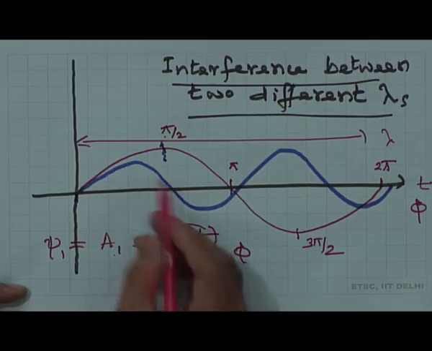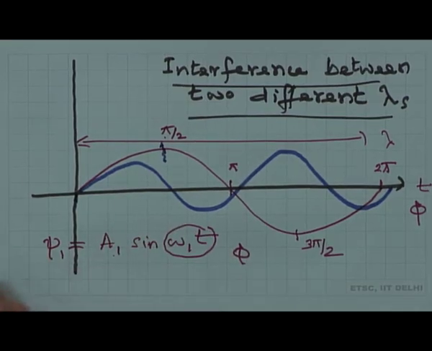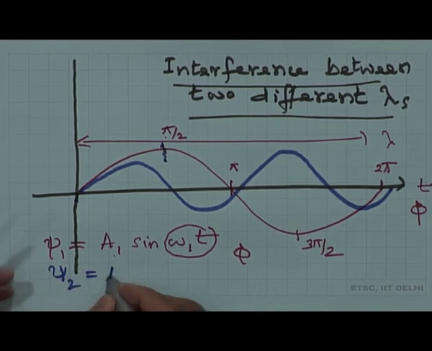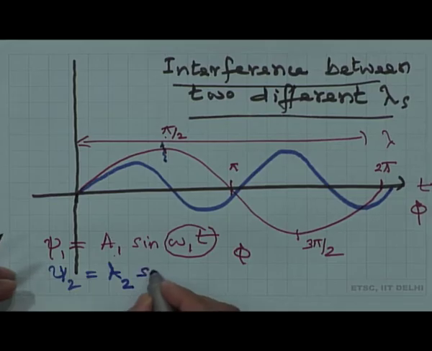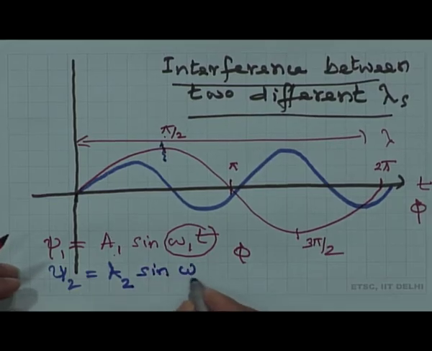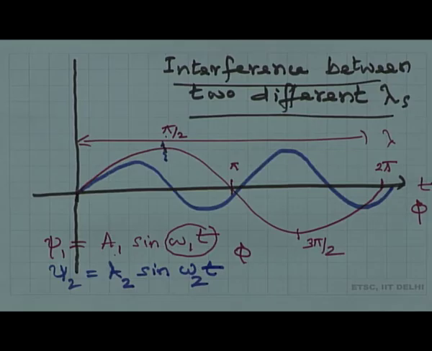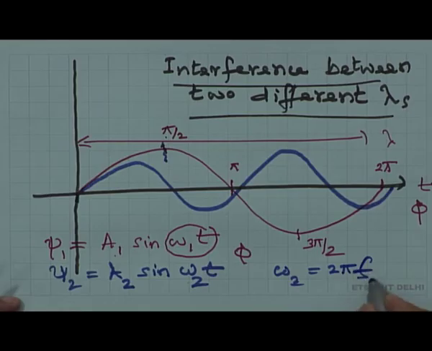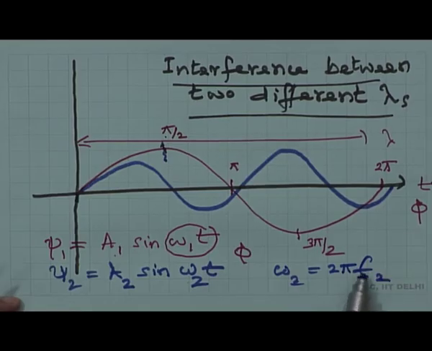For the blue one we have psi 2 is equal to A2, the amplitudes can be same or different, sin omega 2 t. Now, omega is the angular frequency, 2 pi times the frequency, so omega 2 is equal to 2 pi times the frequency f2 of the blue line.